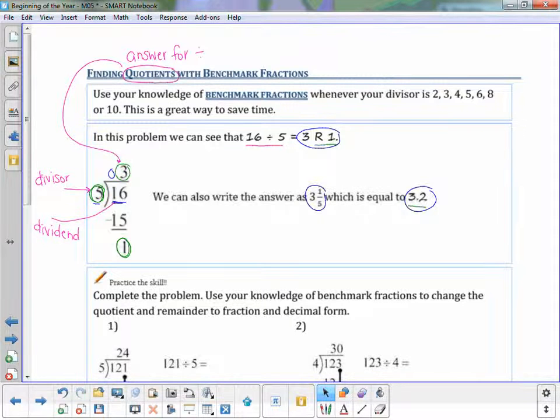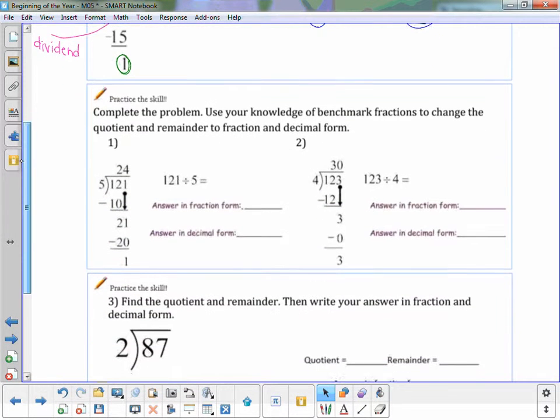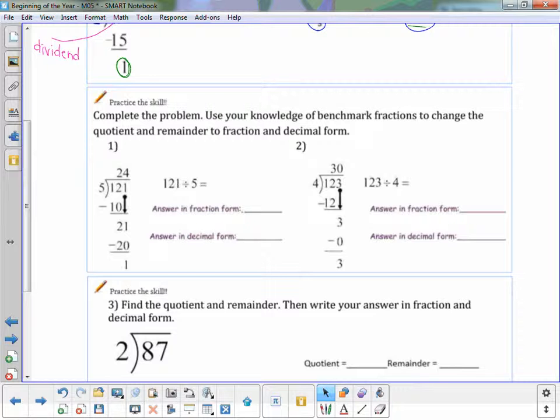Cool. Let's scroll down just a little bit. And we're going to do practice problem number 1 together. So we have 121 divided by 5, okay? We can think of it as maybe 121 Skittles divided between 5 people.